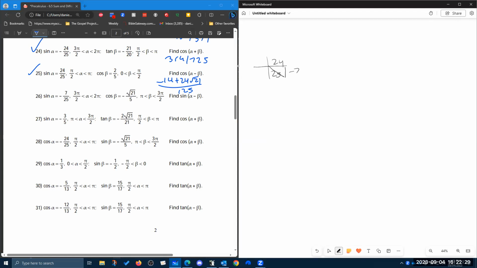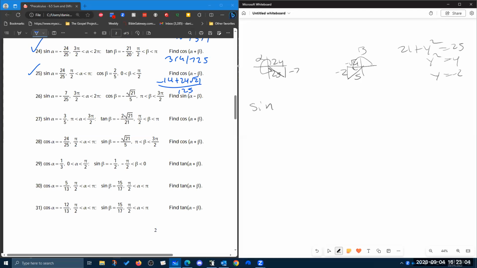Beta is in quadrant 3 and has a cosine value of negative root 21 over 5. So 21 plus y squared equals 25, so y squared equals 4. Y is going to be negative 2 since I'm in quadrant 3.